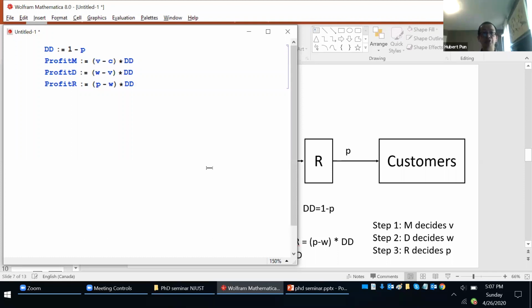So we do shift enter, and remember that we are using backward induction. So basically we do exactly the same thing as before.